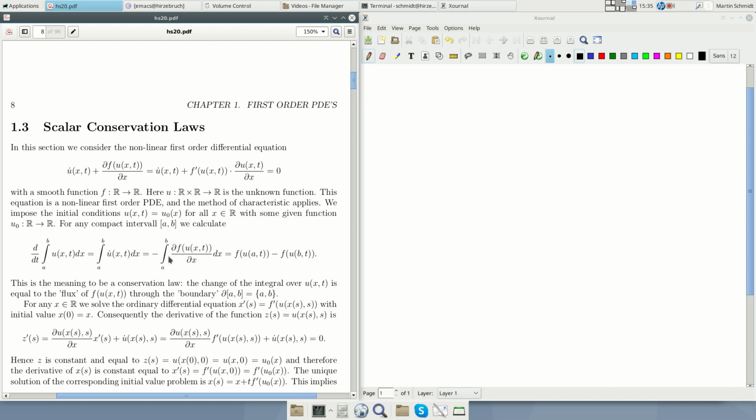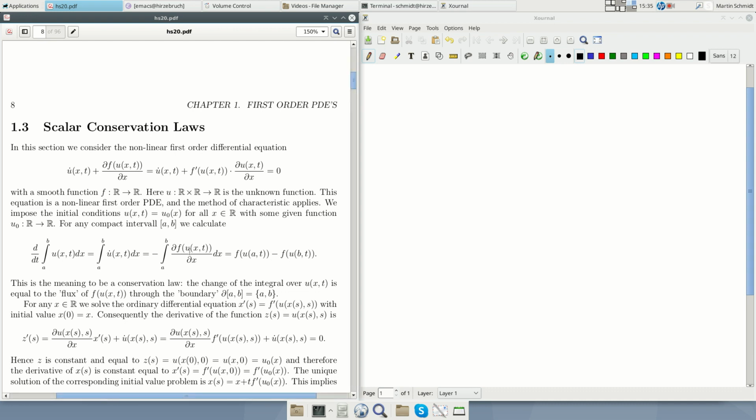We have an integral over an interval of a derivative, and this is of course the difference of the values at the boundary. Because here is a minus, we have with plus sign the value at the lower bound a, and with a minus the value at b.